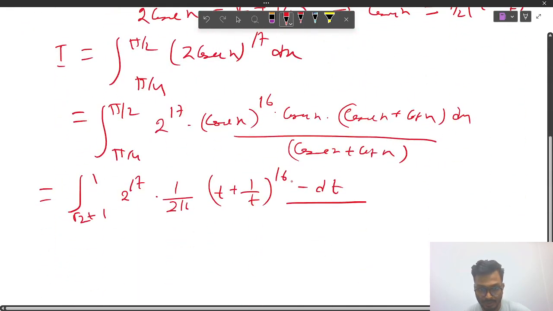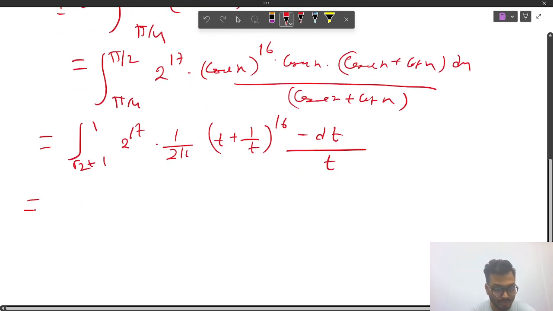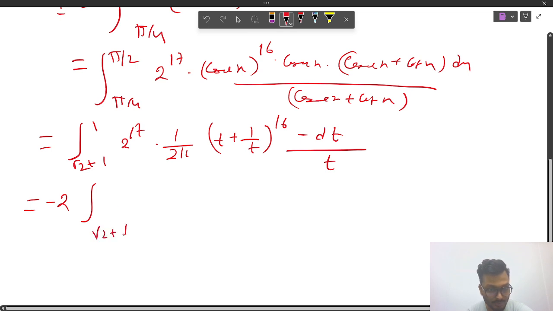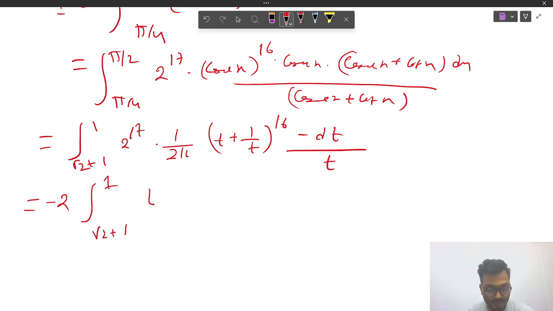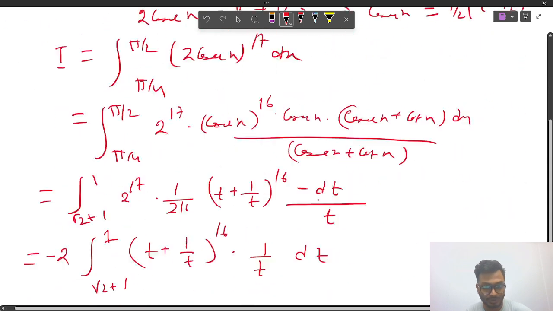So this becomes, the 1 is cancelled, and minus 2, integral from root 2 plus 1 to 1 of (t plus 1 by t) to the power 16 into 1 upon t dt.